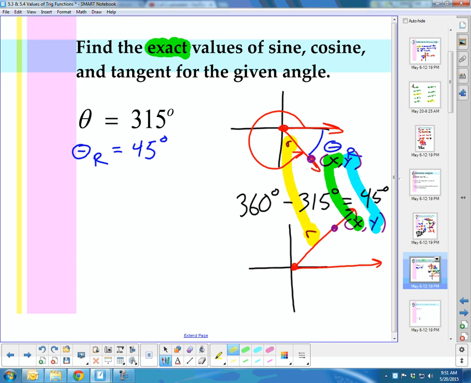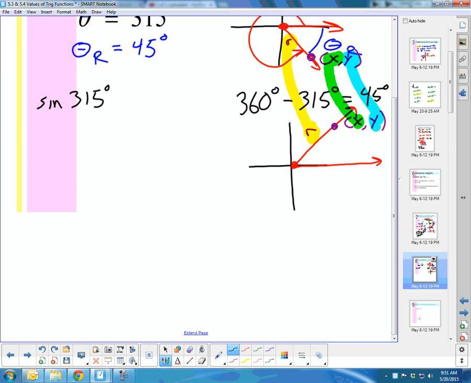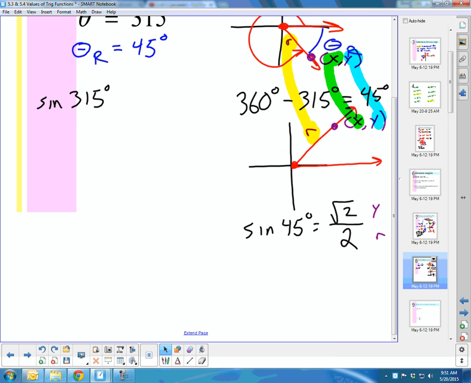So if I want to find sine of 315 degrees, I would start by working with sine of 45 degrees. Sine of 45 degrees we know is root 2 over 2. And don't forget that that is defined as y over r. According to my diagram, as I reflect from the 315 degree terminal ray to the 45 degree terminal ray, my y's are going to be opposites.